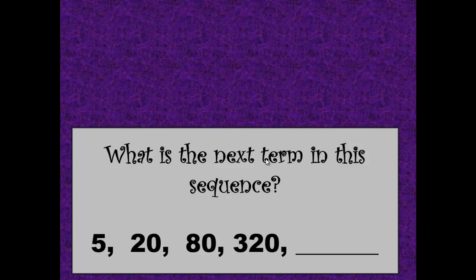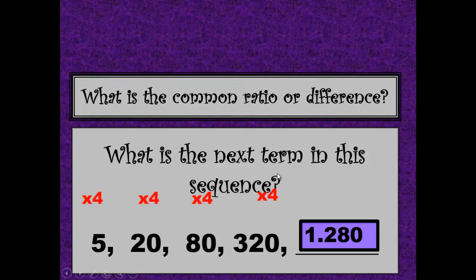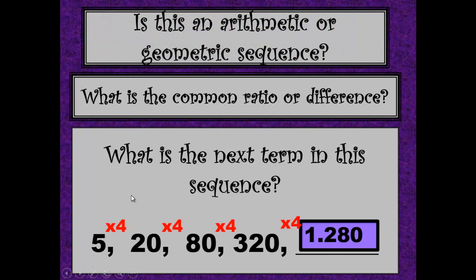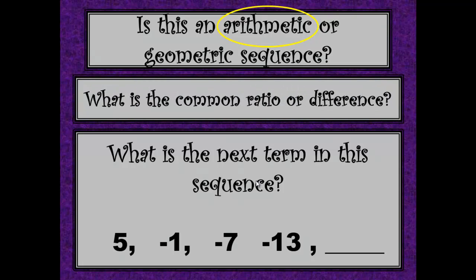What is the next term? Okay, good, 1280. Is it arithmetic or geometric? Oh, the common ratio is 4, so it is a geometric sequence. Okay, right. How about this one? It is arithmetic, it has a common difference. What is the common difference? Oh, -6. Okay, right.